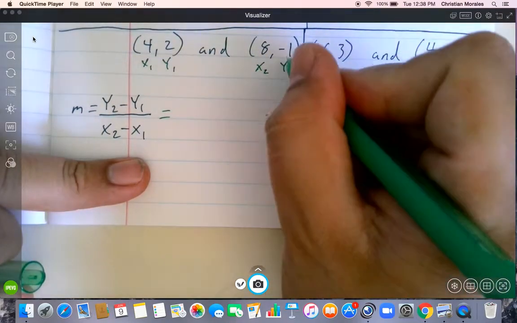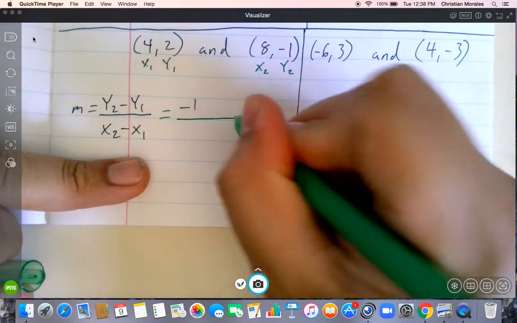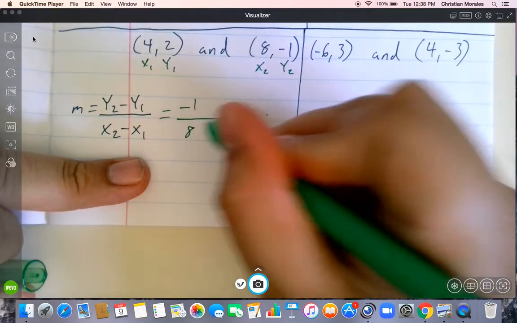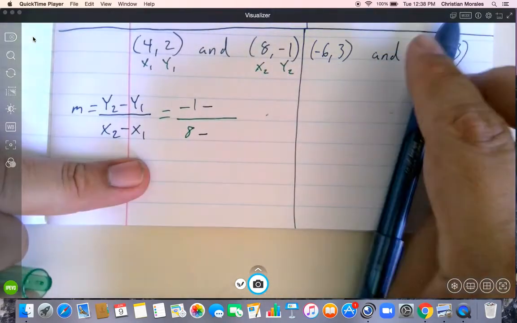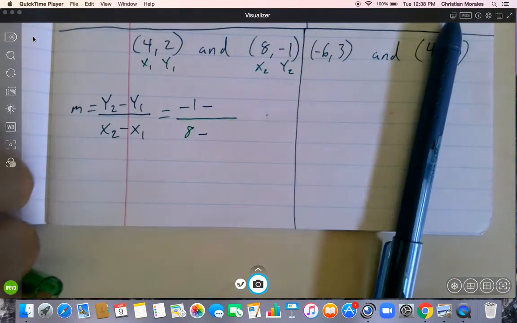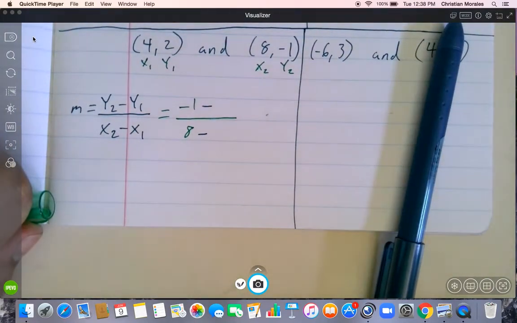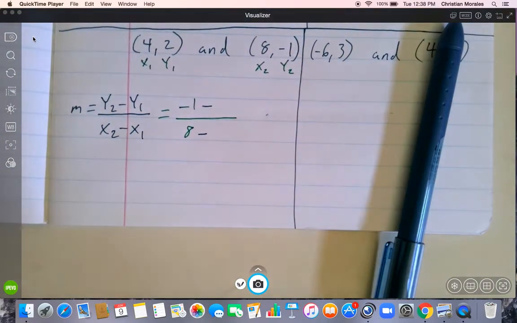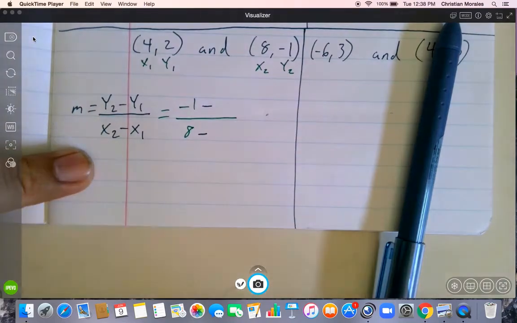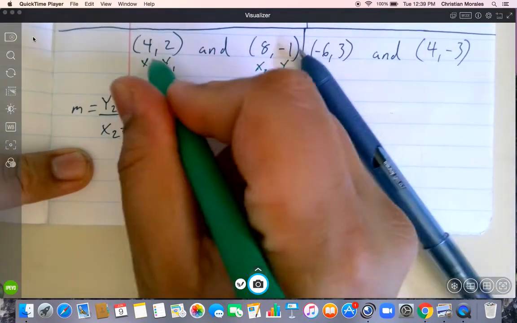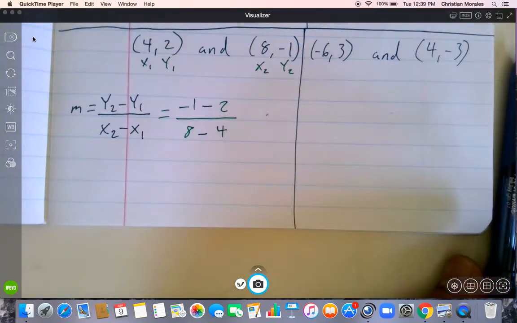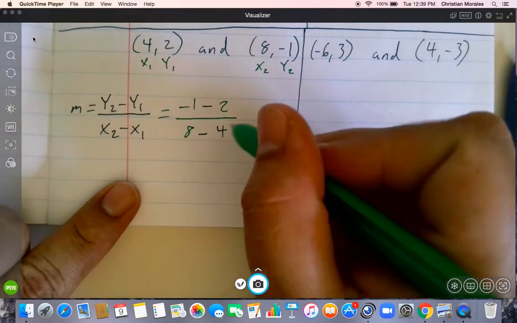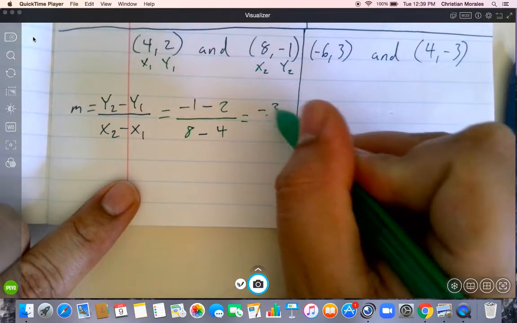So when I put them in my equation, I start with these numbers. So y2 is -1, x2 is 8. Then I'm going to subtract. And then the next point, from here, y is 2, x is 4, and there we go. Now, this is -1 minus 2, this would give me -3.